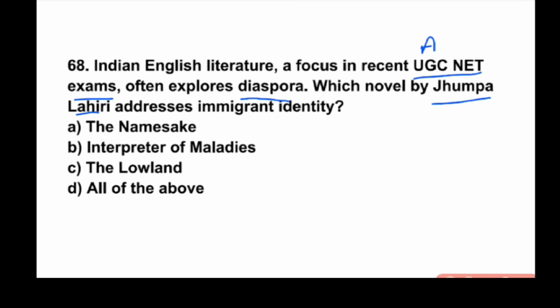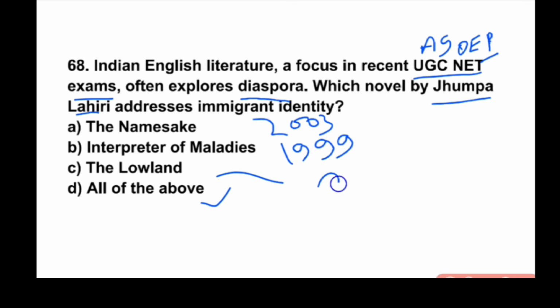Jhumpa Lahiri: The Namesake, 2003, Interpreter of Maladies, and The Lowland, 2013.